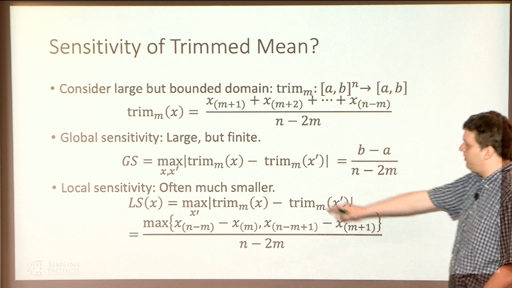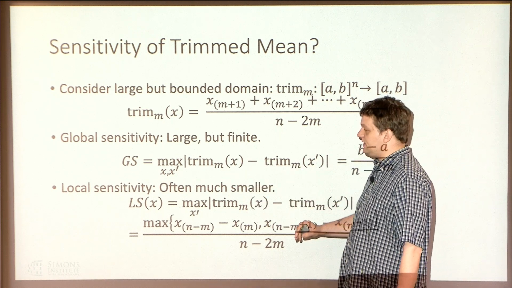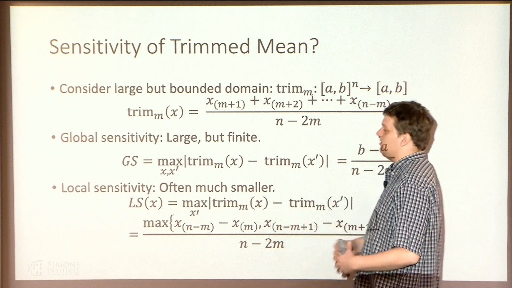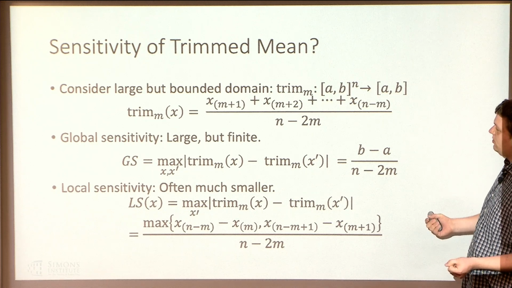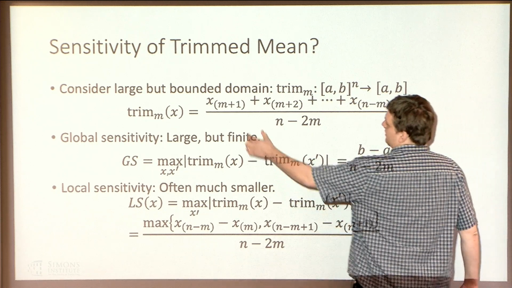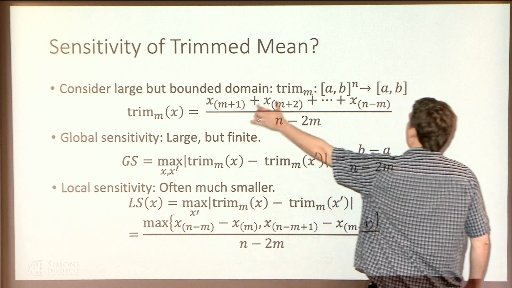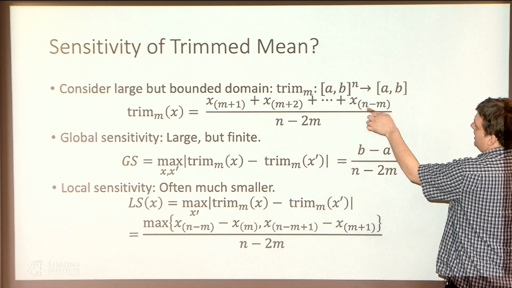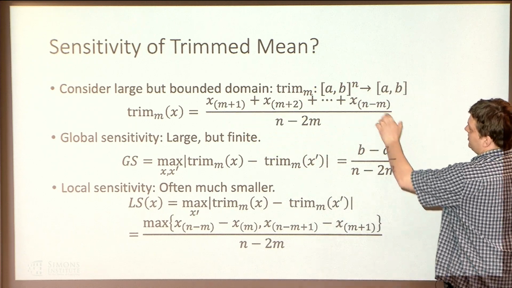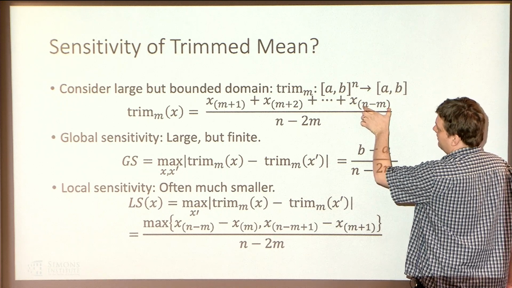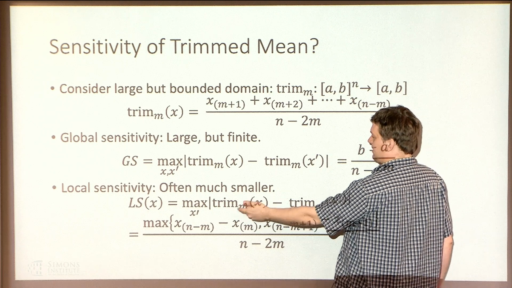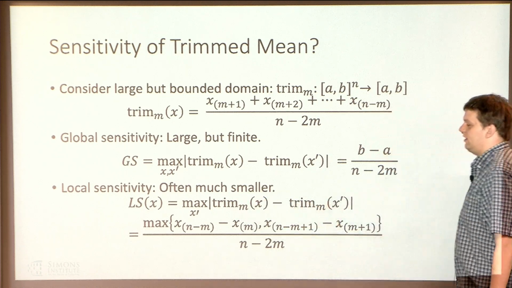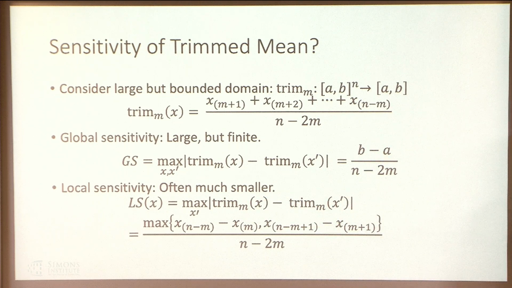If instead of looking at all neighboring databases, I just look at databases that neighbor my current database, the one that I have realized, the sensitivity is much smaller. Basically, the worst thing you could do is either take the smallest thing here and move it up to the n minus m plus 1 position, or vice versa: take the largest thing that's left here and move it down to the smallest one. Those are the two terms in the max of the local sensitivity.